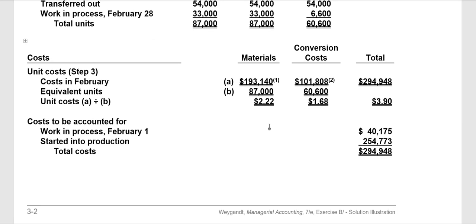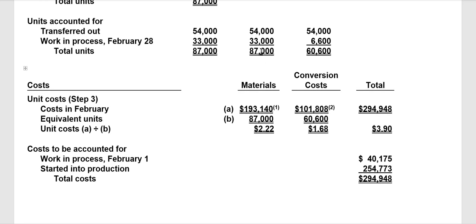So that's your total direct materials. We divide that total by the equivalent units of 87 and we get $2.22. This means for every unit of raw materials, the cost is $2.22 per equivalent unit.